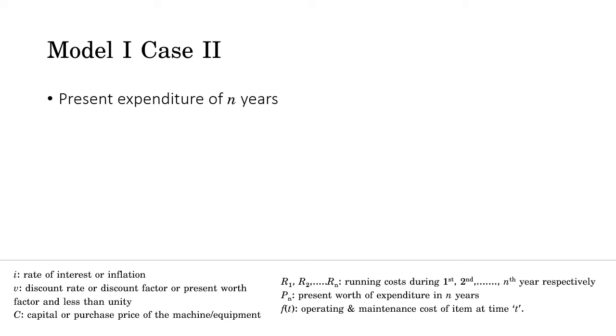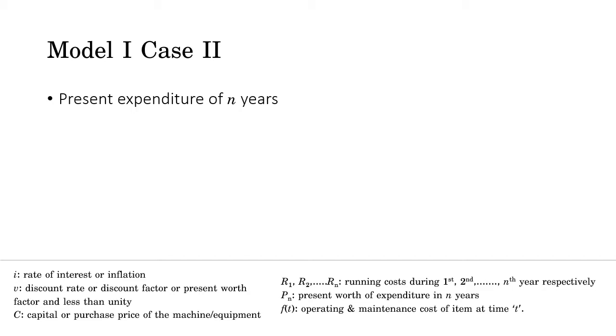So what is the present expenditure of n years? As we know, if a company buys a machine and that machine requires certain maintenance every year, and the maintenance and operating cost goes on increasing every year, and if the company borrows money from a bank to purchase that machine and then pay for the maintenance and operating cost, then the company will ultimately have to pay back the borrowed money.